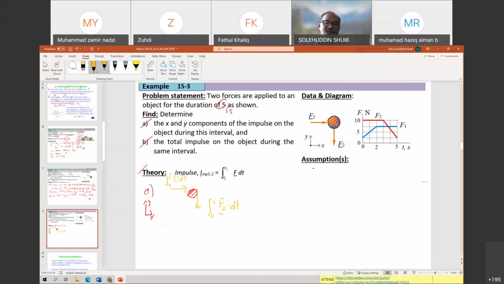So we do the first one first, which is X. The question asks what will be the X and Y component during the time interval.